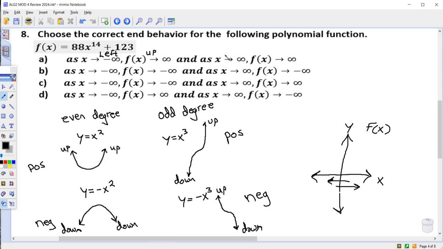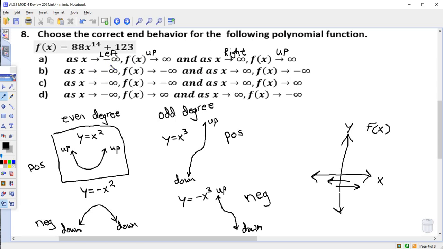As x goes to the right, f of x, or y, also goes to positive infinity. It is going up. That's the direction our numbers get bigger and bigger. So it is just like this first one here. On the left end, we are going up forever, and on the right end, we're going up forever. This is up and up.